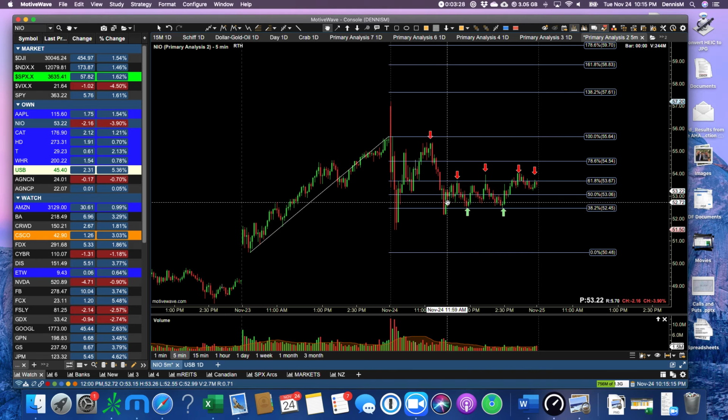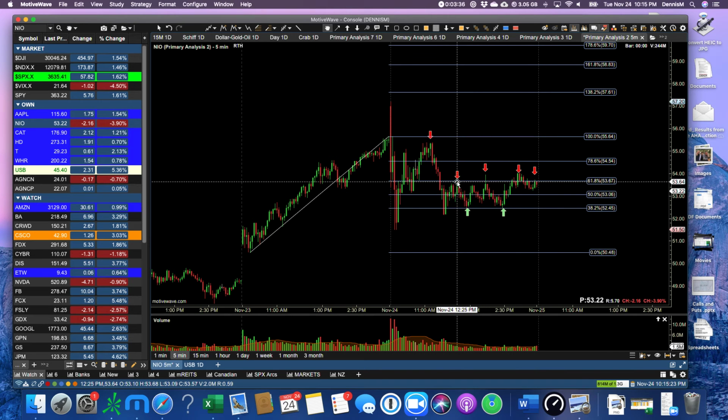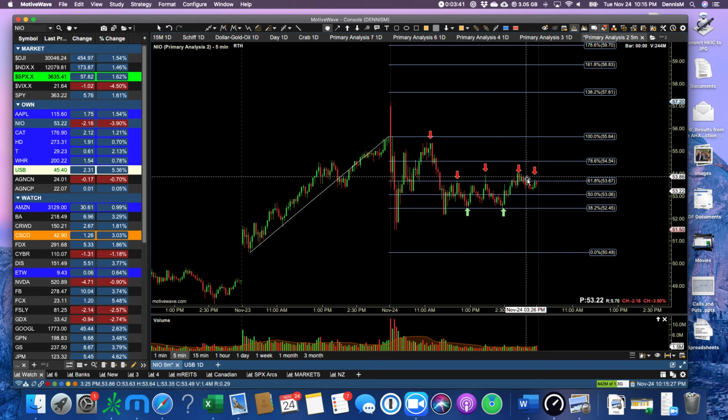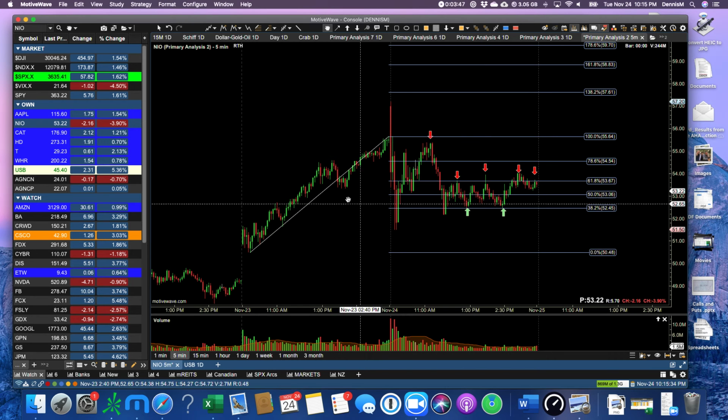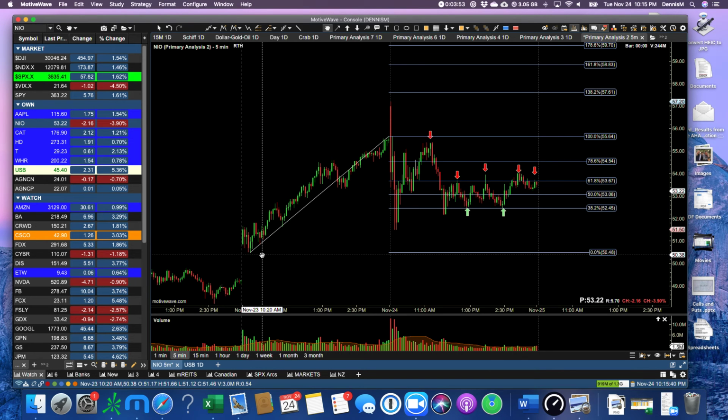And where did they find support? At 38%, 2 times. And they found resistance at the 61.8%, 2 times. Struggled here, but eventually found resistance and finished the day at the 61.8. So the day traders' numbers were using yesterday's Fibonacci high and low, and they're not using the Woody's pivots.